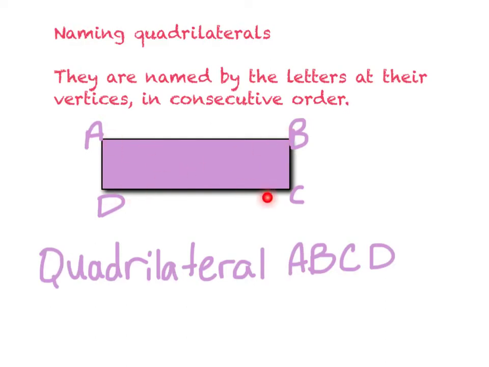I can also call this figure quadrilateral ADCB. It doesn't matter which order you go in as long as it's in consecutive order. Also notice that I have quadrilateral. You need to get in the habit of putting the name of the quadrilateral or the shape before the letters.